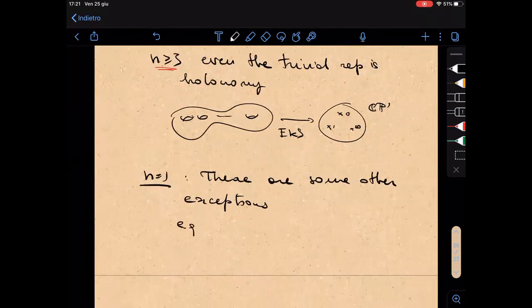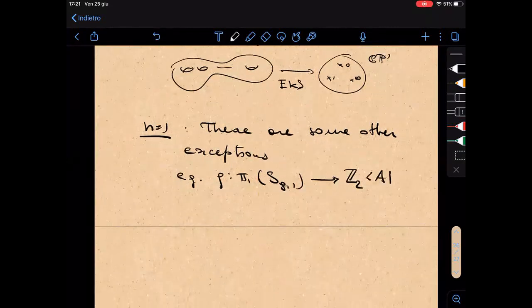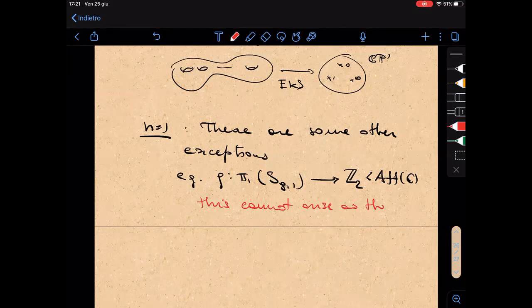For instance, a representation from S_{g,1} into Z^2, which is a subgroup of Aff(C), cannot arise as the holonomy of any affine structure, any complex projective structure.